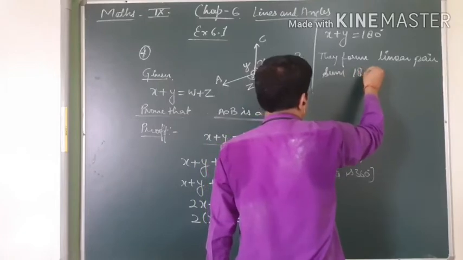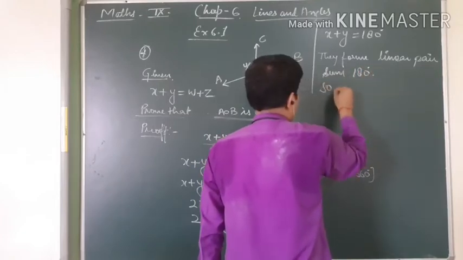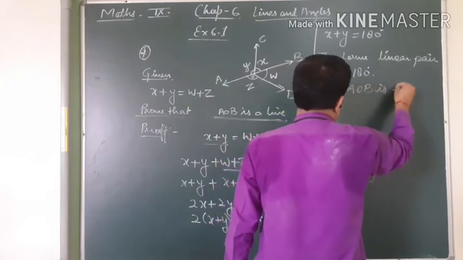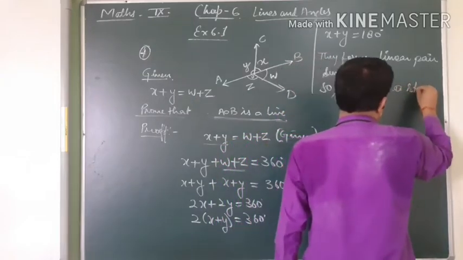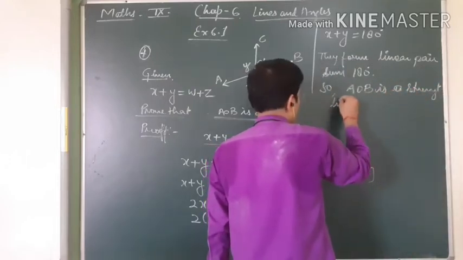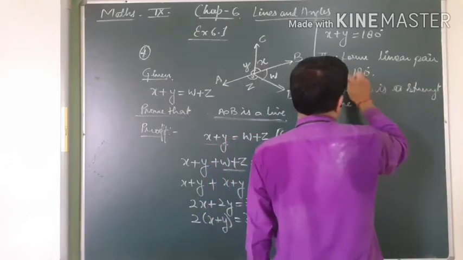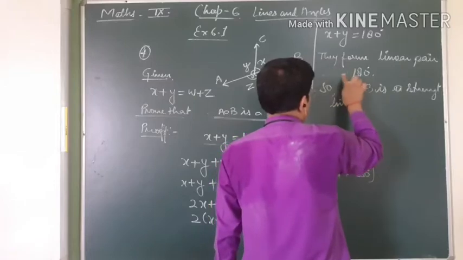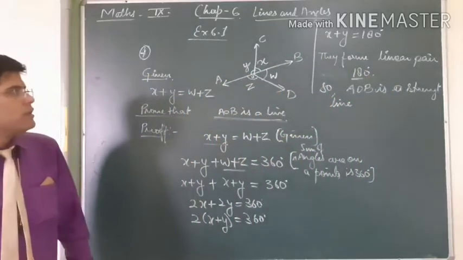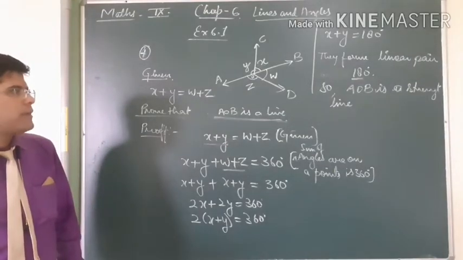So we can write AOB is a... So they form linear pair 180.